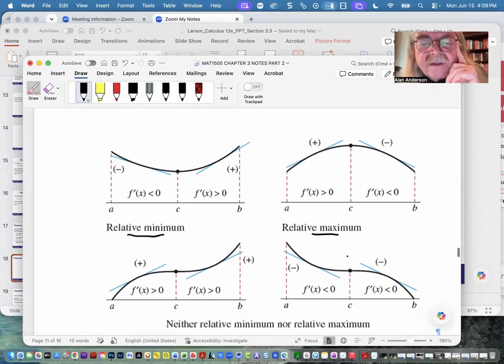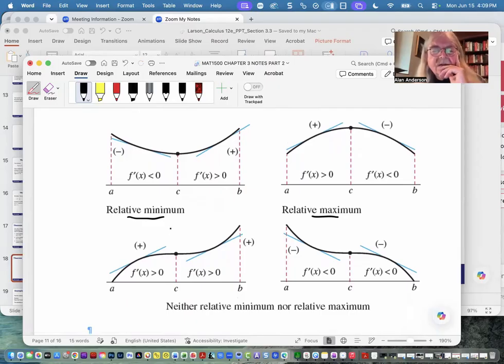And here are two ways in which you see what's happened here. The tangent line is horizontal, and yet look what happened. The sign didn't change. It stayed positive. And over here, it stayed negative. So this doesn't count as either a minimum or a maximum.